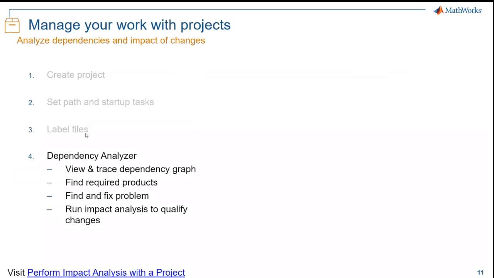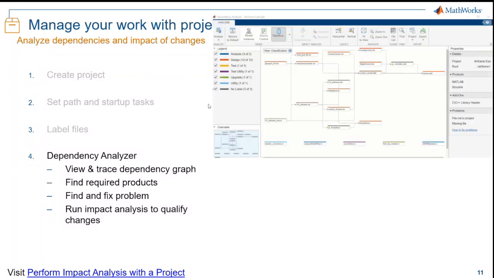One of the most helpful capabilities of MATLAB is the ability to visualize the changes and understand the dependencies between the multiple files in our project. When we are working on a complex project, we'll have hundreds of files.